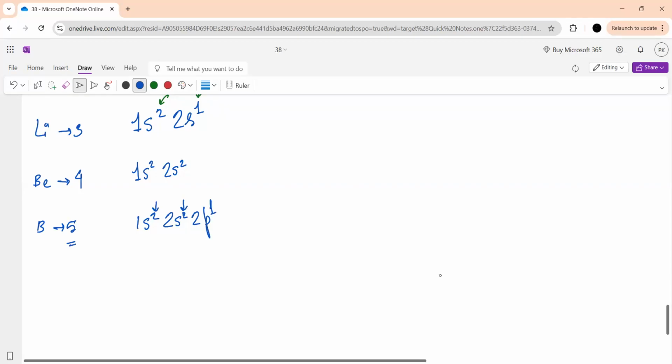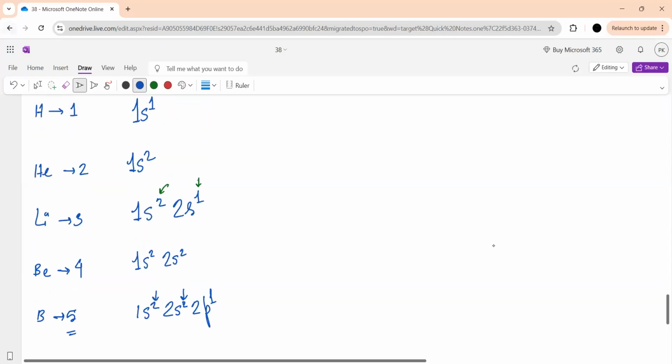So if we try to draw the orbitals, how will we draw it? For 1s, we will have only one box. This is 1s with 1 electron, and 1s2 will be like this, with 2 electrons. For lithium, this is 1s, then this is 2s. For beryllium, 1s and 2s2.